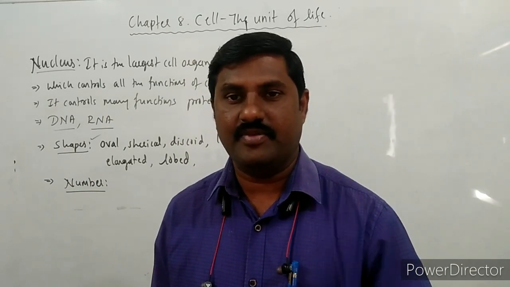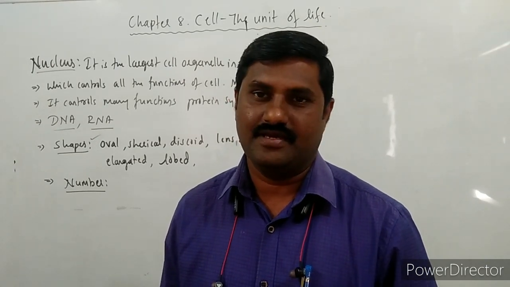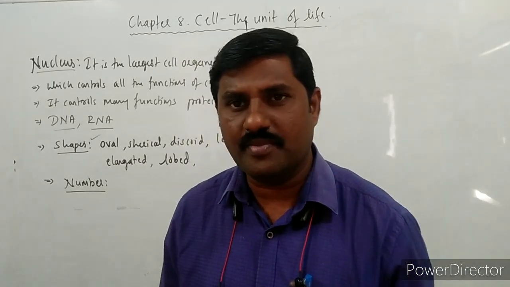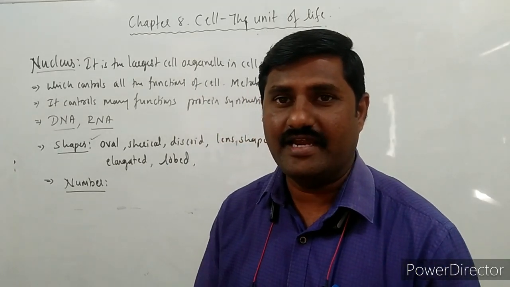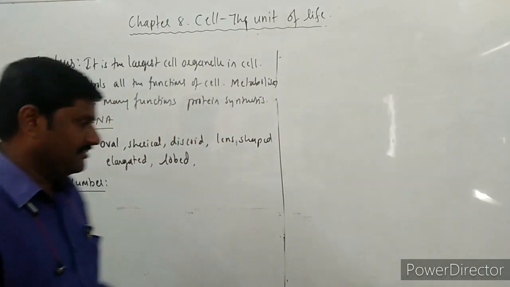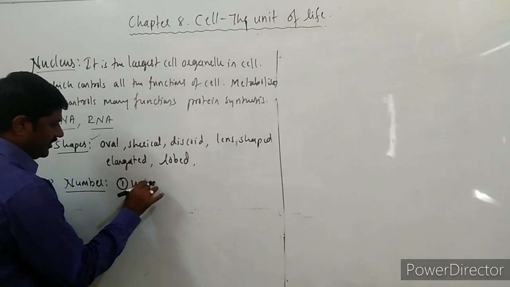Paramecium is the best example which shows the dikaryotic condition, right? And some of the cells contain innumerable number of nuclei. Why does it happen? Let us see one by one what those types of cells are. First one is uninucleate.